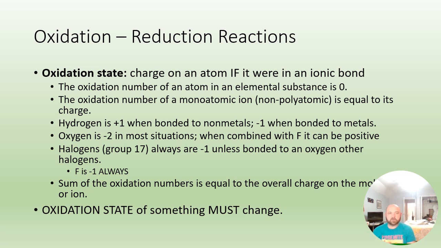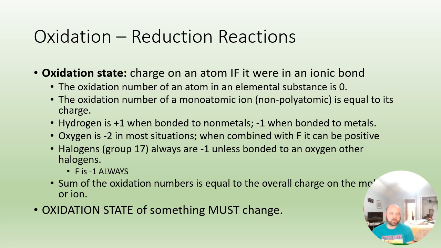Hydrogen has 2 cases. It's always a +1 when it's bonded to non-metals, and it's always a -1 when it's in a compound with a metal. Oxygen is almost always -2 unless it's bonded to a fluorine. Fluorine can alter that, but fluorine is really the only thing that can alter that.